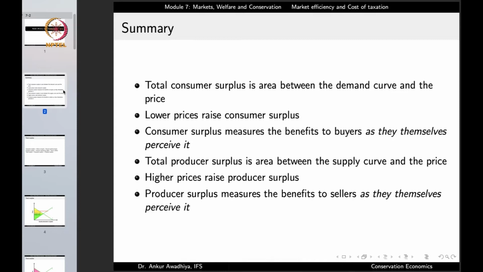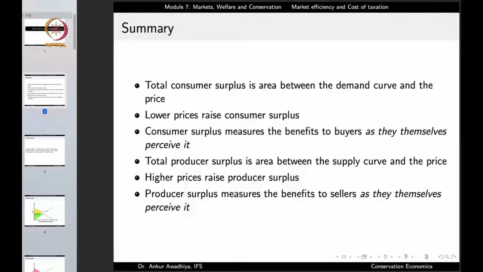And third, we observe that producer surplus measures the benefits to the sellers as they themselves perceive it. Because what the producer surplus is measuring is the difference between the price of the good and the cost that it takes to make or provide that good. In the example of this pen, the price of the pen was 20 rupees, but if the producer was able to make and provide it for just 10 rupees, the difference, 20 rupees minus 10 rupees, is 10 rupees, the producer's surplus, or in other words, the profit that the producer is getting.